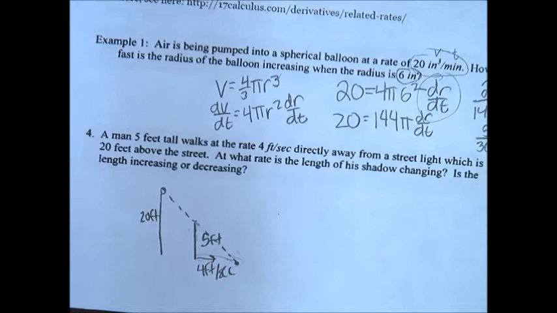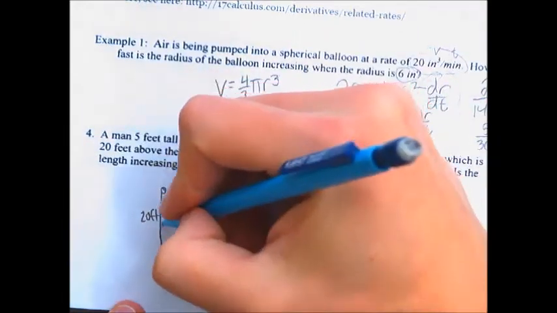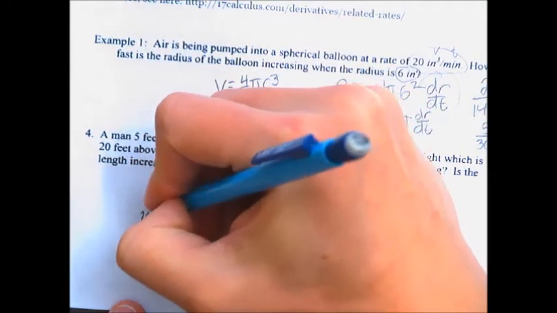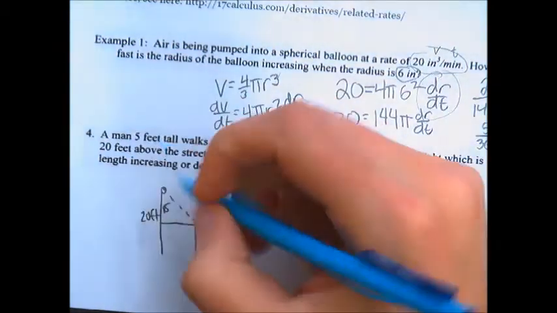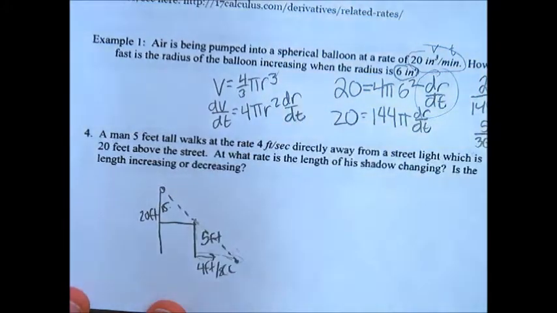So this is a similar triangles problem, essentially. So this triangle here, which is 15 tall because the difference in heights between the light pole and our man here is 15.